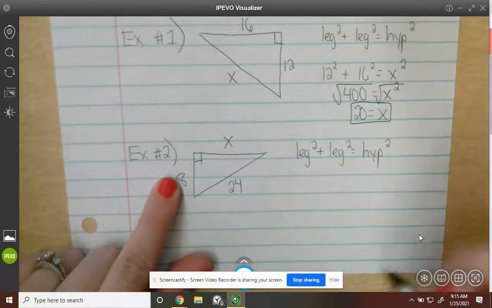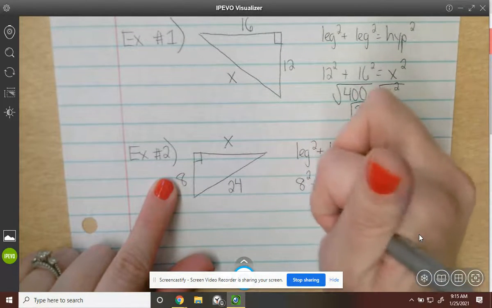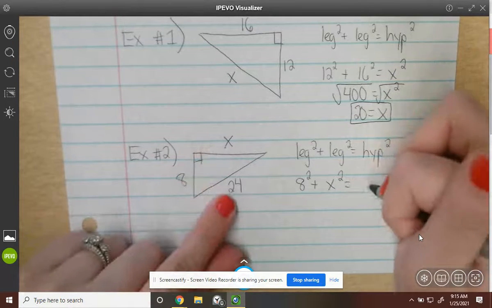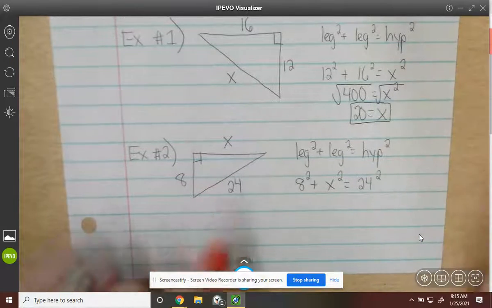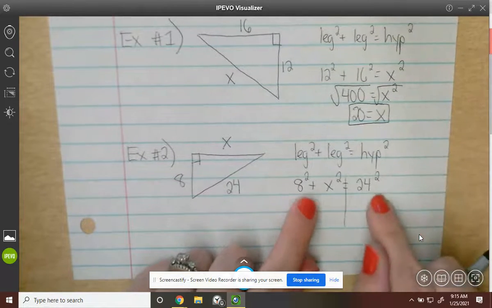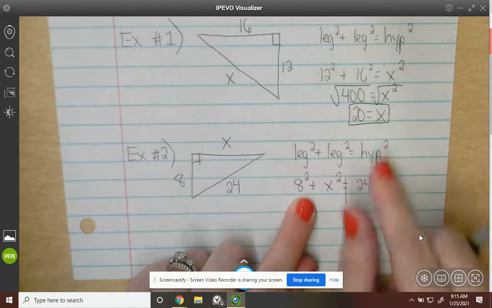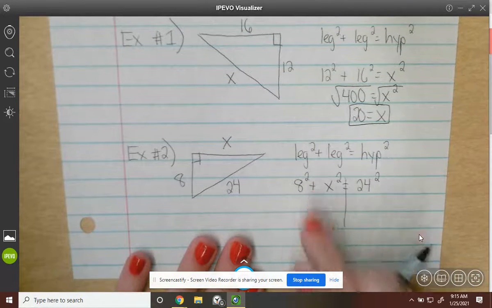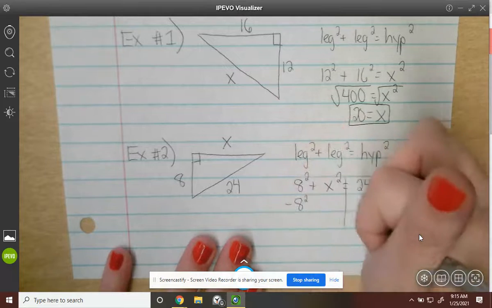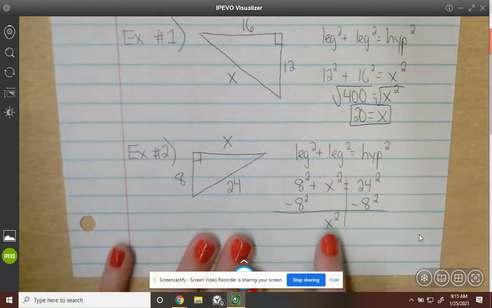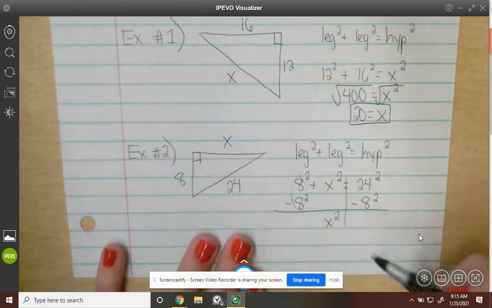So my first leg I see is 8 squared plus my other leg is x squared equals 24 squared. Now, I can't add these because they're on opposite sides of the equation, so I can't just do what I did up here. I have to move 8 squared over here to be with 24. It's being added, so I have to subtract it.